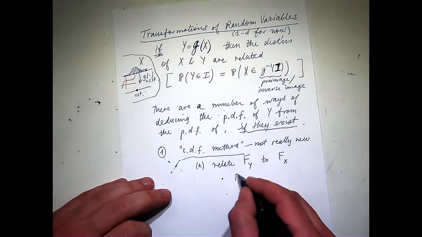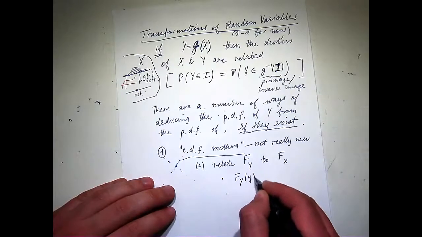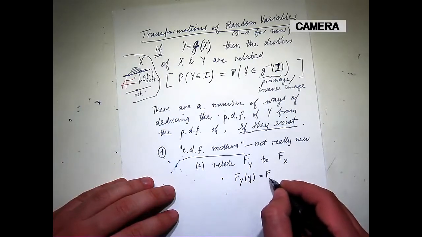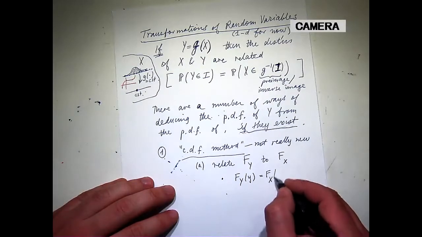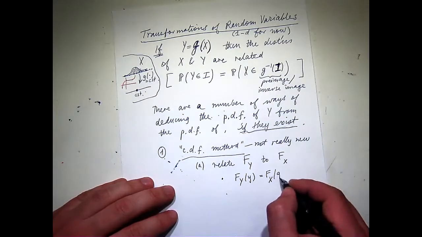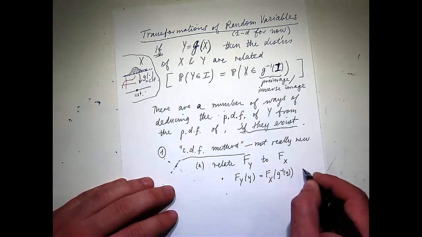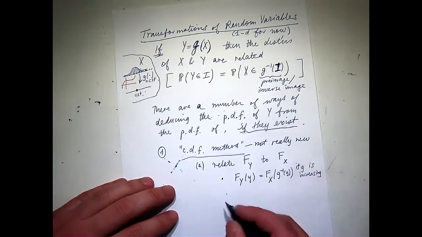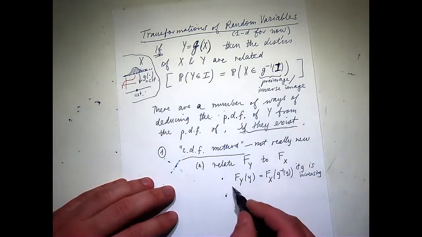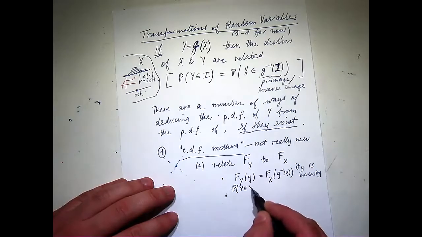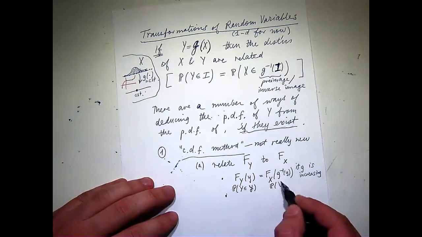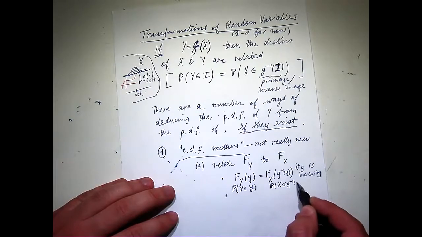Okay, so F_Y of y, the chance of being below y, is F_X of g inverse of y if g is increasing. Because this is the probability that Y is less than or equal to little y, and that is the probability that X is less than or equal to g inverse of y.